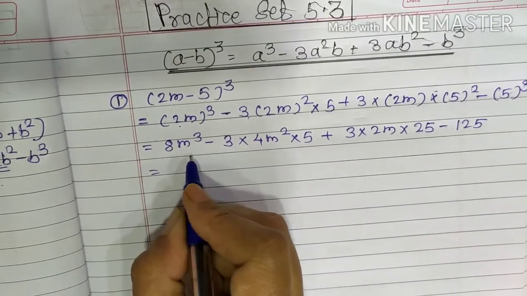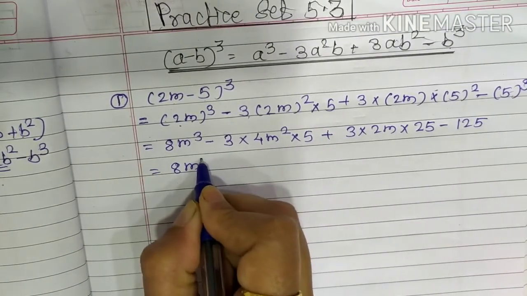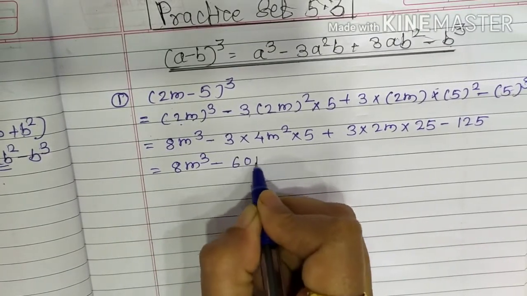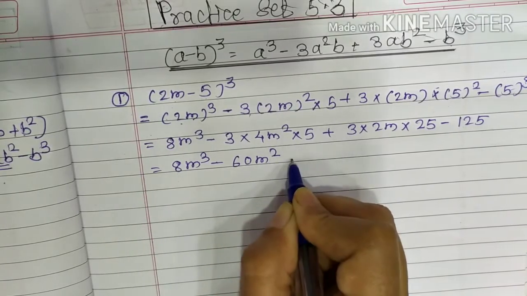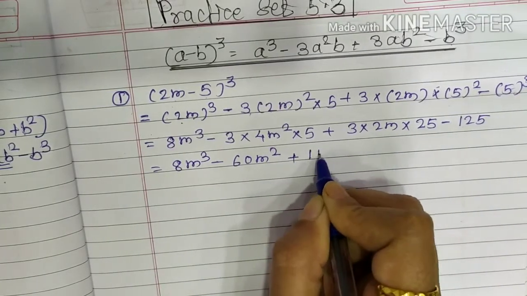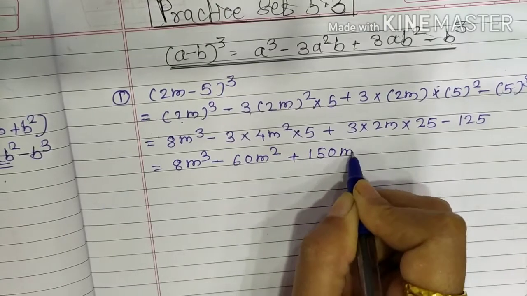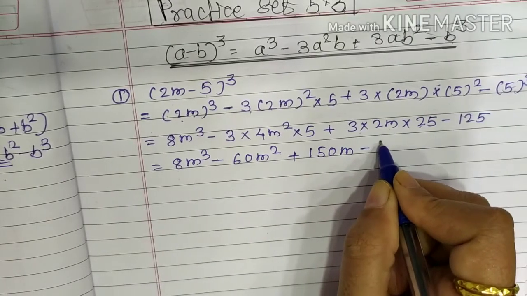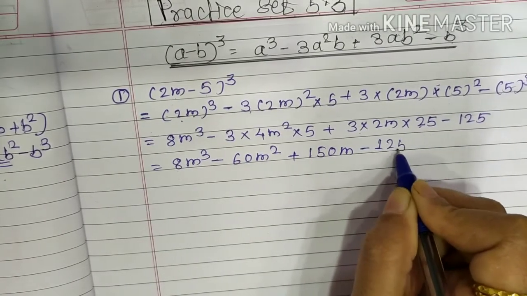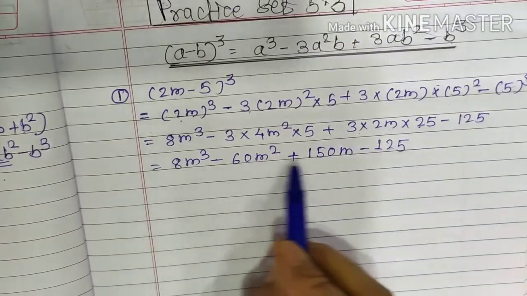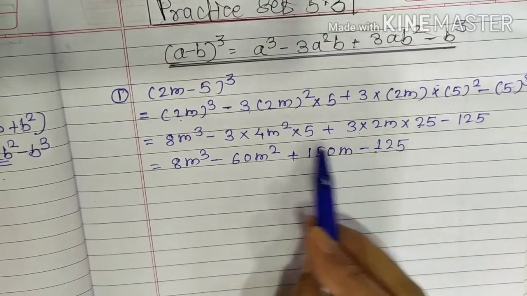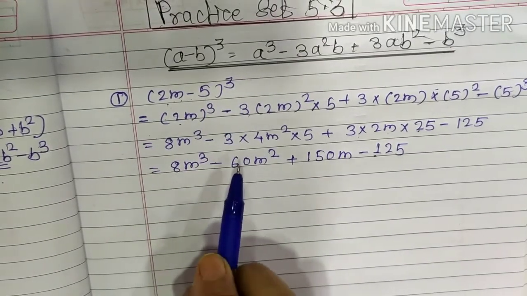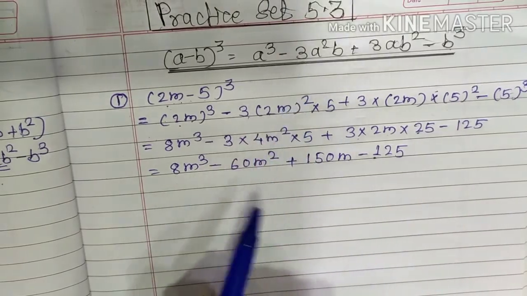Let's make the multiplication: 8m cube minus 60m square plus 150m, multiplication of these, minus 125. So this is the expansion of (2m minus 5) cube by using this formula.